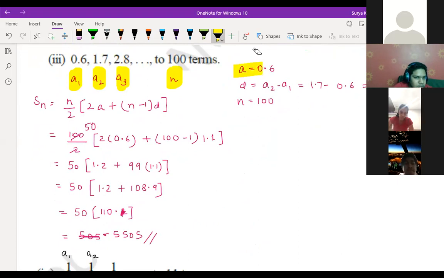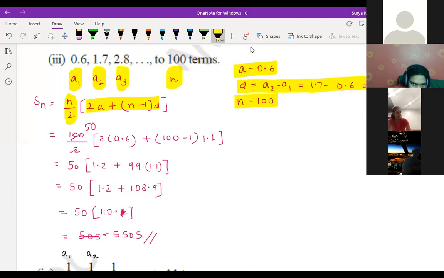So A is 0.6. The difference you can find easily. The difference is 1.1. N is 100. See the formula, n by 2 into 2a plus n minus 1 into d. Simply put the values, get the answer.